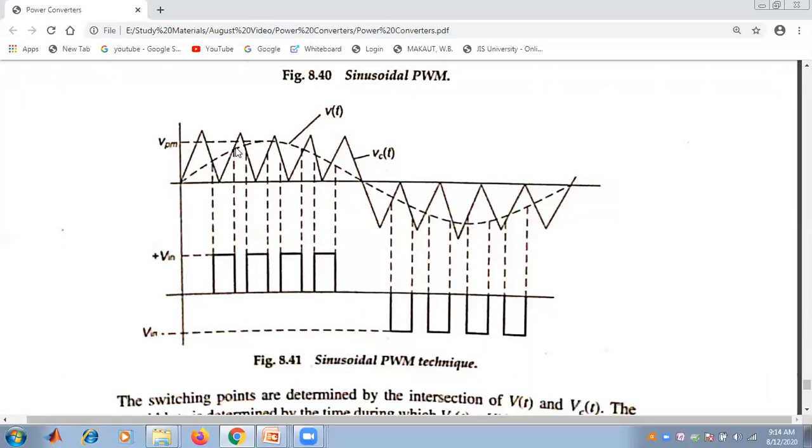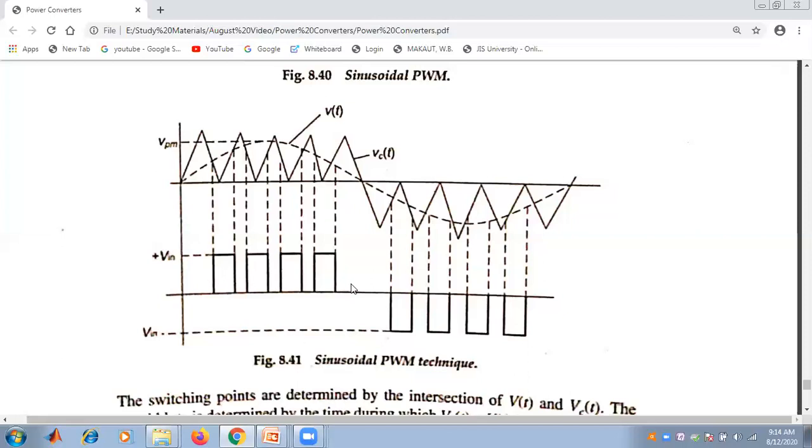For the next interval, the value of Vct is more compared to Vt, so the output is 0, or you can say the input pulse width is 0. Now for the interval from here to there, the value of Vct is less compared to Vt, so we are obtaining a pulse of input voltage.